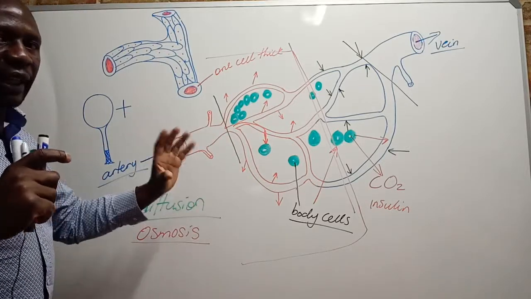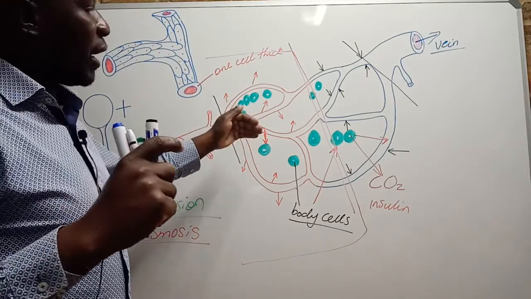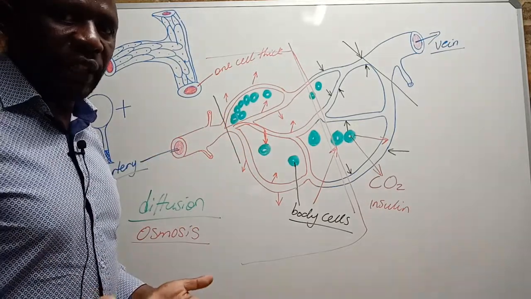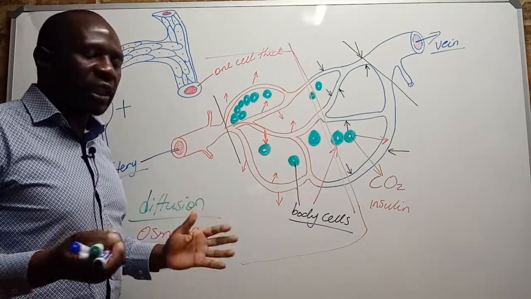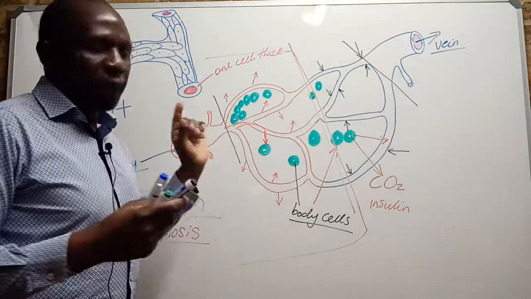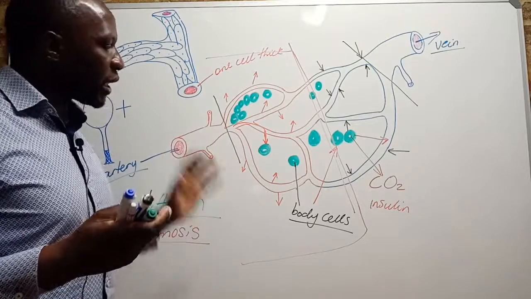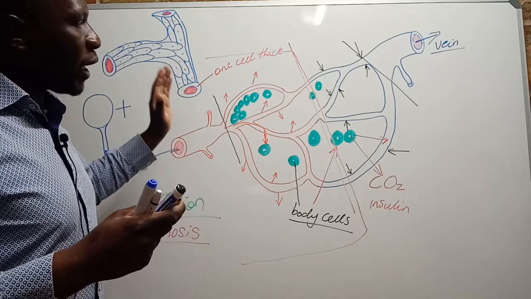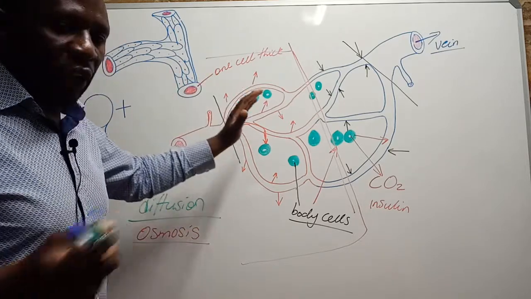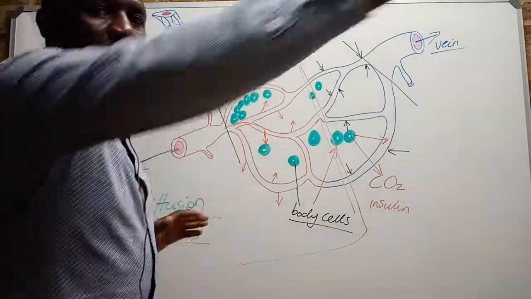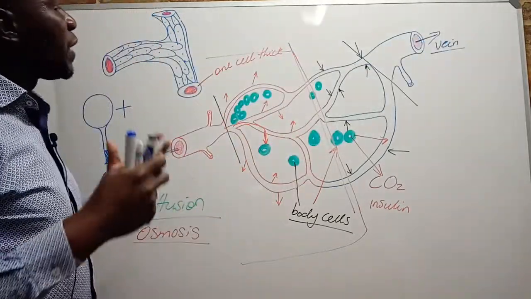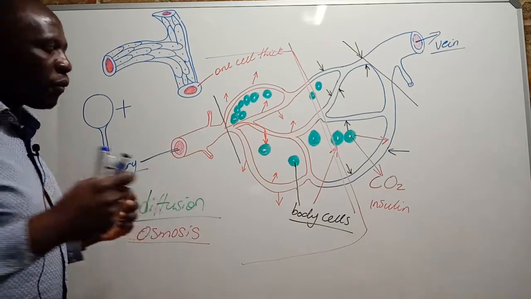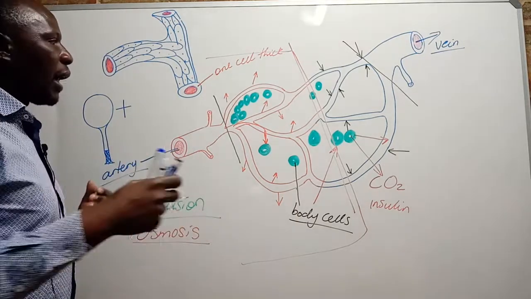This is a very tiny sub-branched vessel which has many branches to ensure that it passes through every body cell, and every body cell is able to benefit from what it needs, and can also offload what it has produced. So this is how capillary veins are the medium of exchange in our blood.